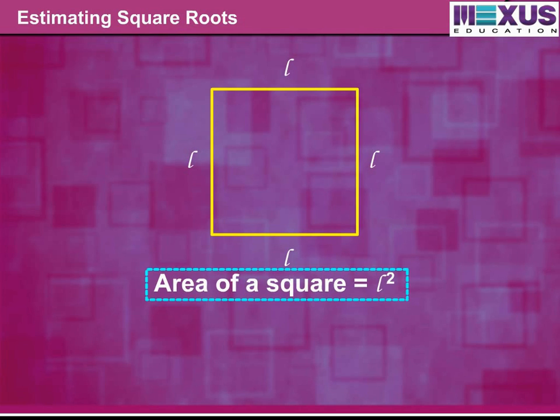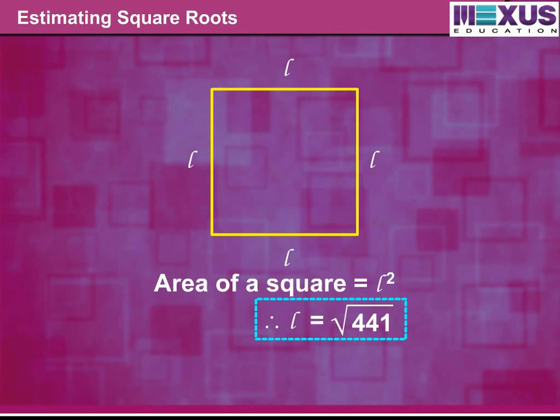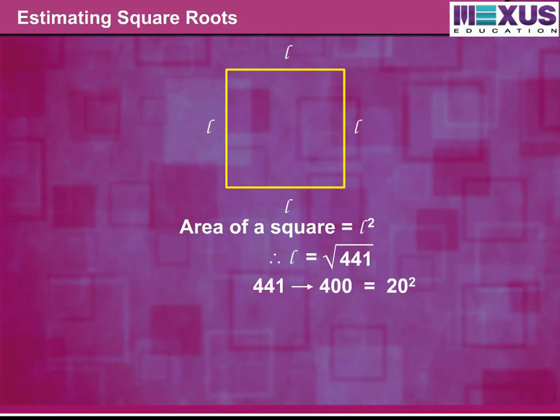Similarly, we know the area of a square is equal to length square. Therefore, the length of each side is equal to the square root of 441. Assuming a number whose square is near to 441, we get that 441 is near to 400 or 20 square.